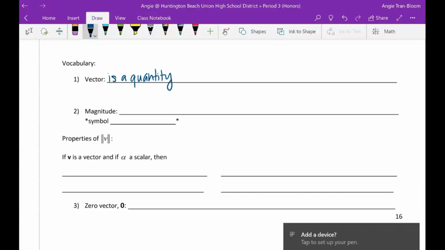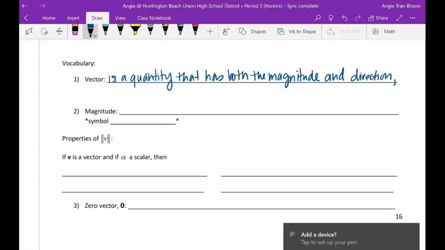Vector is a quantity that has both the magnitude and direction.